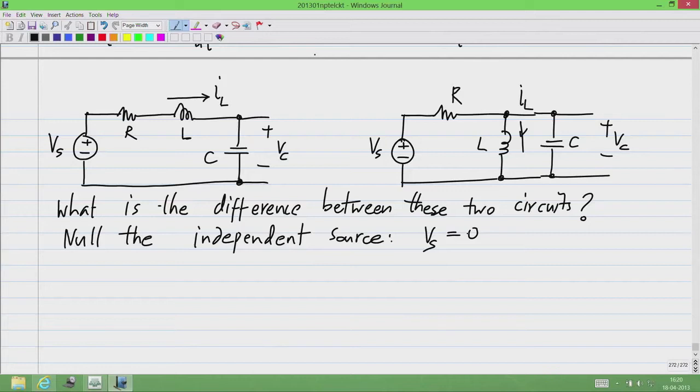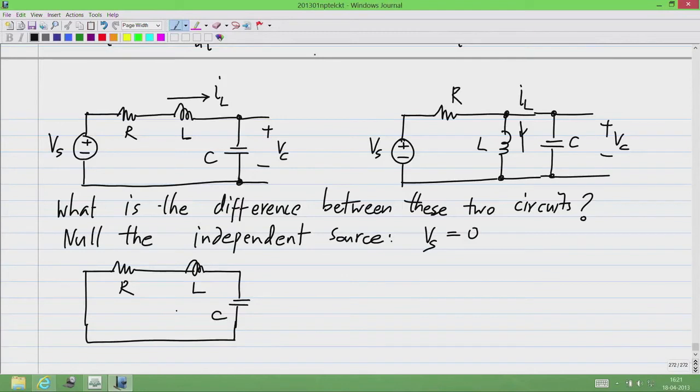If we had a circuit with current sources, we would also set that to be equal to 0. Okay. So, once we null this, what we get is R, L and C. We get a single loop of RLC in series for the circuit on the left side.